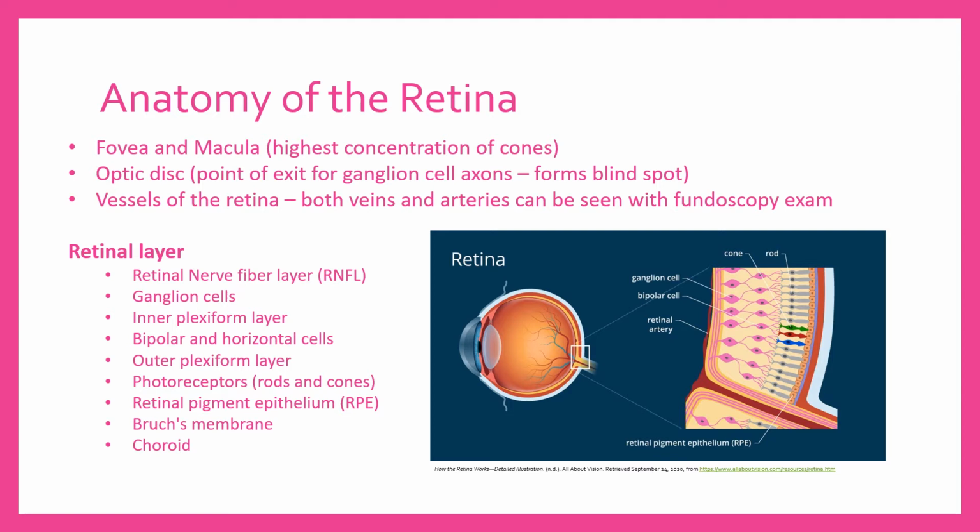Because it is a collection of axons, there are no photoreceptors in this region, and therefore the optic disc is also known as the blind spot. You cannot perceive any light that converges on this blind spot.